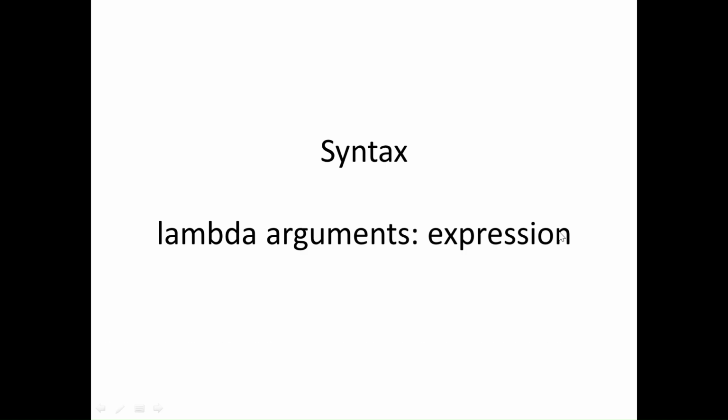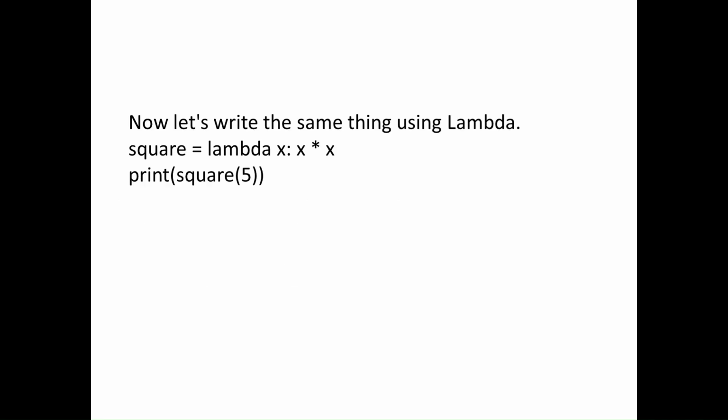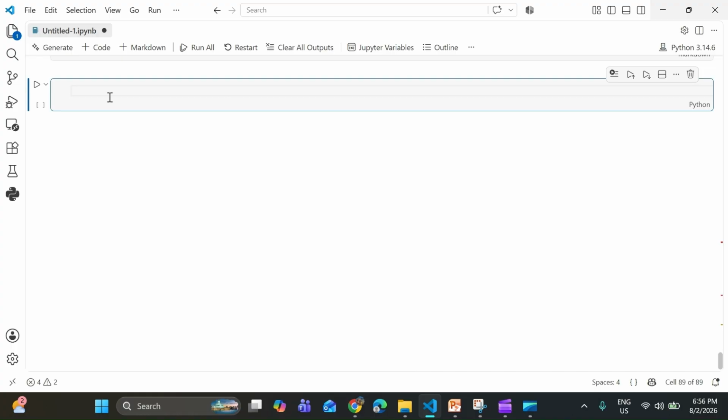Now the example. Normally we would write like this: def square(x), pass the value x and return x into x. Okay, now let's write the same thing using lambda. Let's understand this in our VS Code.